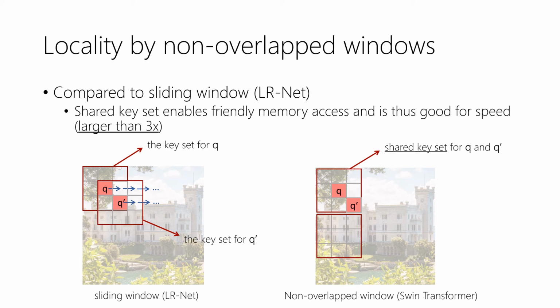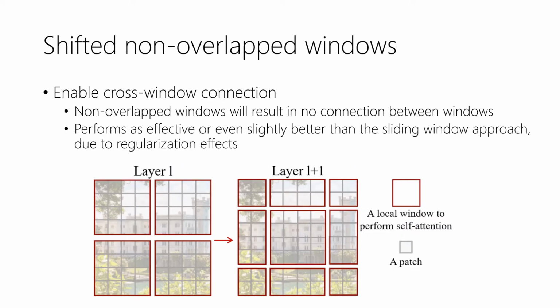The right figure shows the illustration of our non-overlapping windows. Different queries within a same window will share a same key set, and is 3 times faster in real speed. Another important feature is that we enable cross-window connection by shifting window partitioning in successive attention layers. This makes this approach as effective as the sliding window methods, or even better due to regularization effects.